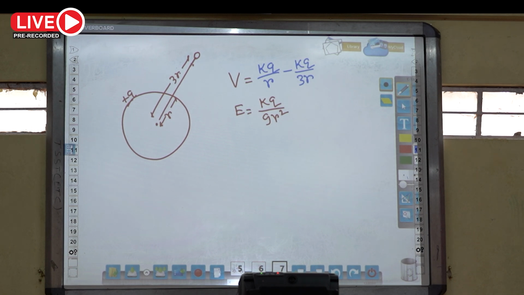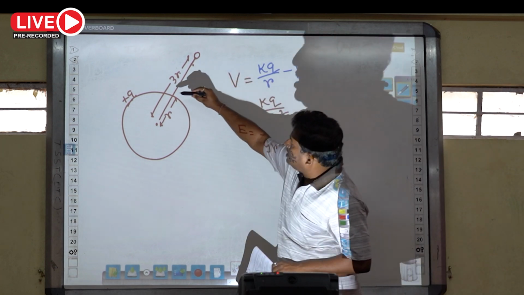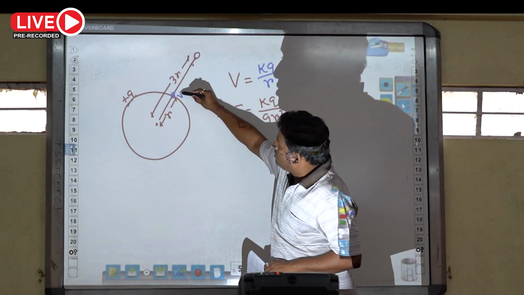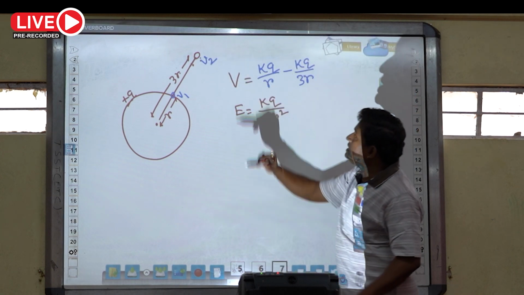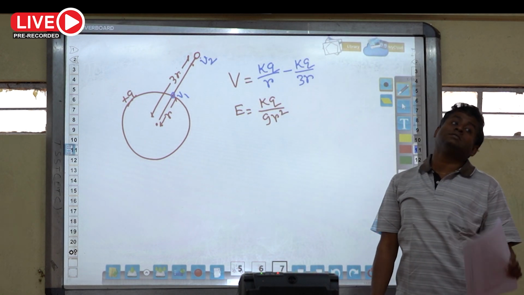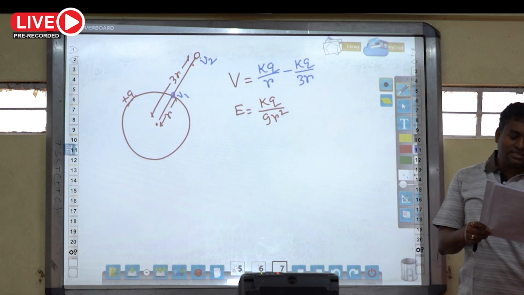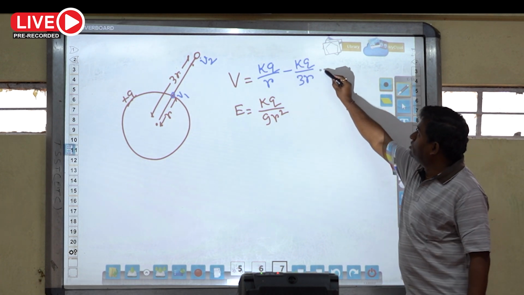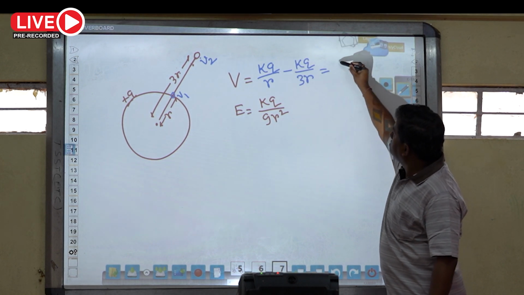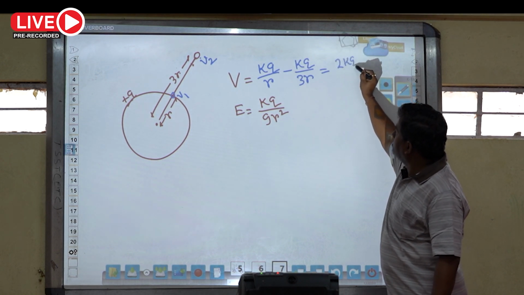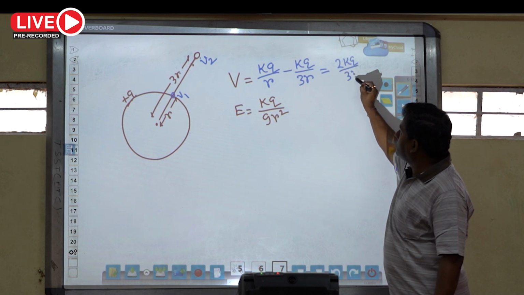This difference means here is some potential, say V1, and here is some potential V2, then V is defined as V1 minus V2. So it will become 2kq by 3r.